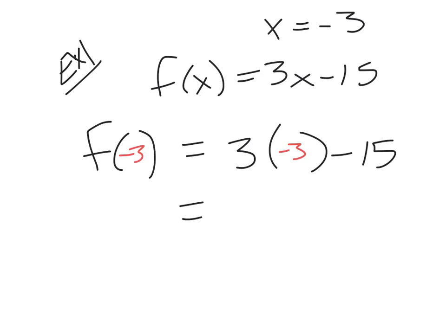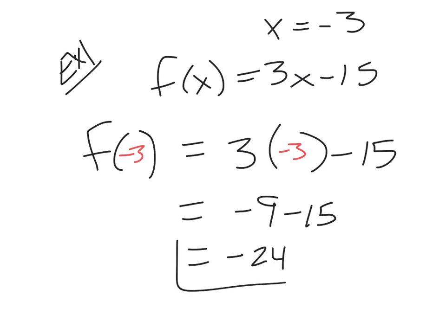So what is 3 times negative 3? Negative 9 minus 15. So negative 9 goes further negative. Add those together, you get... So f of negative 3 for this particular equation equals negative 24.